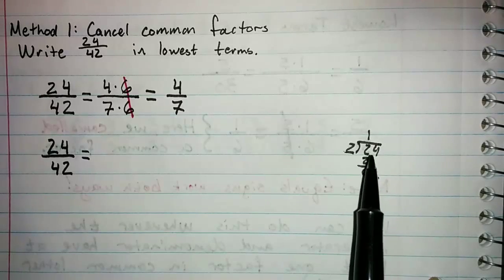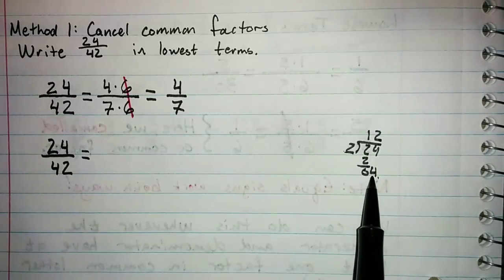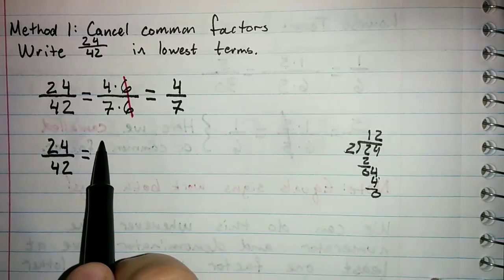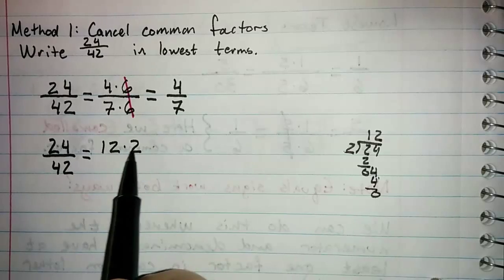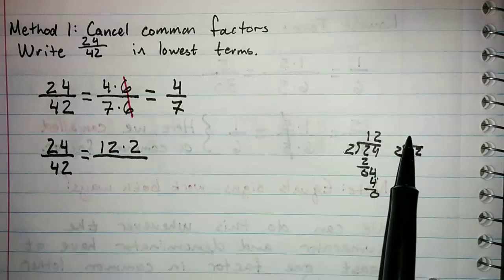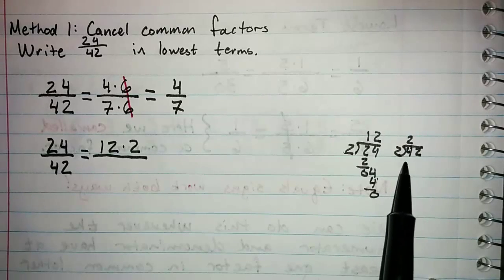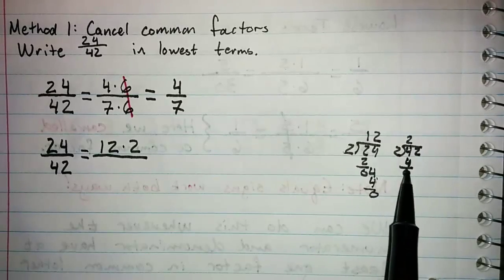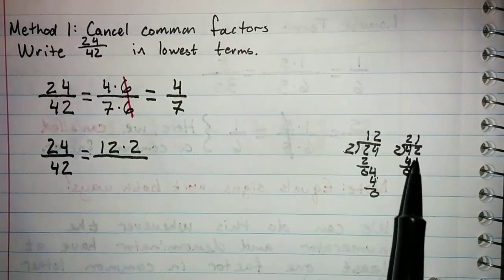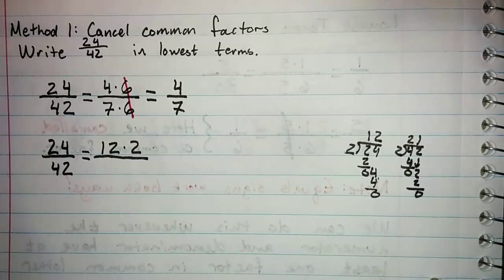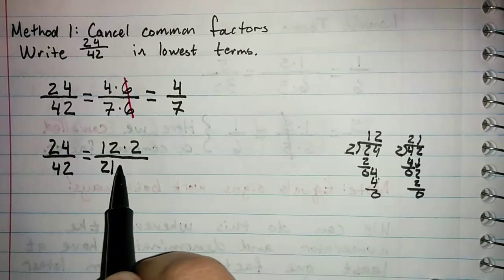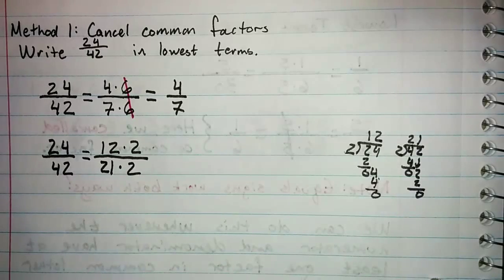Bring down the 4. 2 goes into 4 twice. 0 left over. 24 will be 12 times 2. 42 divided by 2. 2 goes into 4 twice. 2 times 2 is 4. 0 left over. Bring down the 2. 2 goes into 2 once. 0 left over. So 42 is 21 times 2.